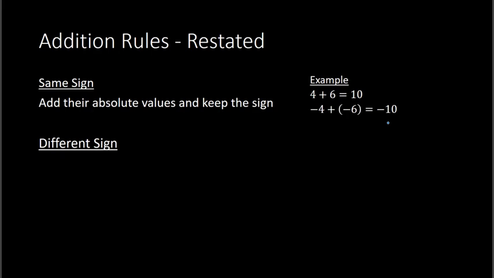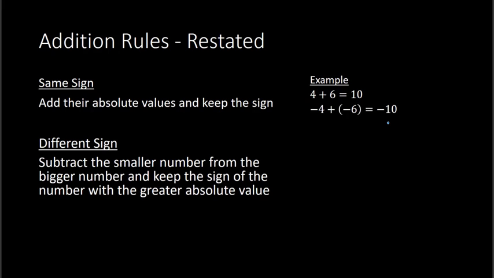If the signs are different, I subtract the two numbers. So I subtract the smaller number from the bigger number. And then the sign is determined by looking at the number with the greater absolute value. So for example, if you had negative 4 plus 6, the signs are different. We have a negative 4 and a positive 6.